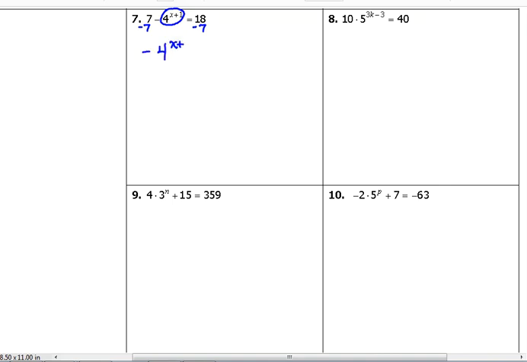And I'm going to keep circling it, because we also have to get rid of that negative. So how do we get rid of that negative? Divide by -1, right? So 4 to the x plus 1 is equal to -11. Write it in log form. Log base 4 of -11 is equal to x plus 1.